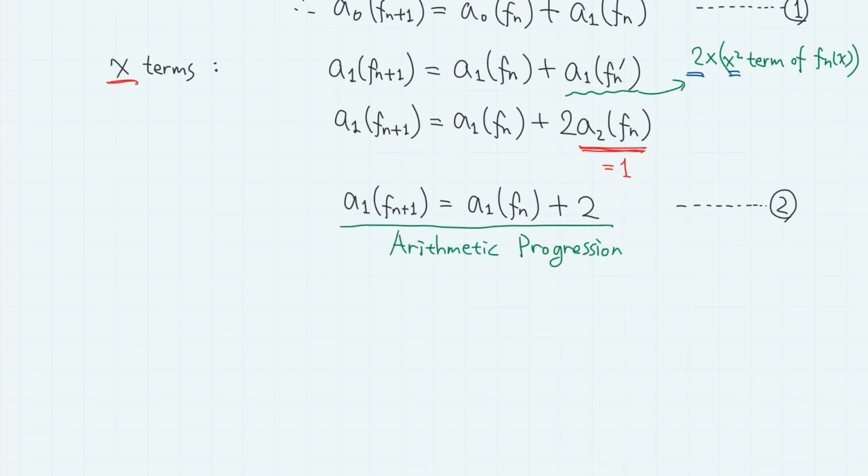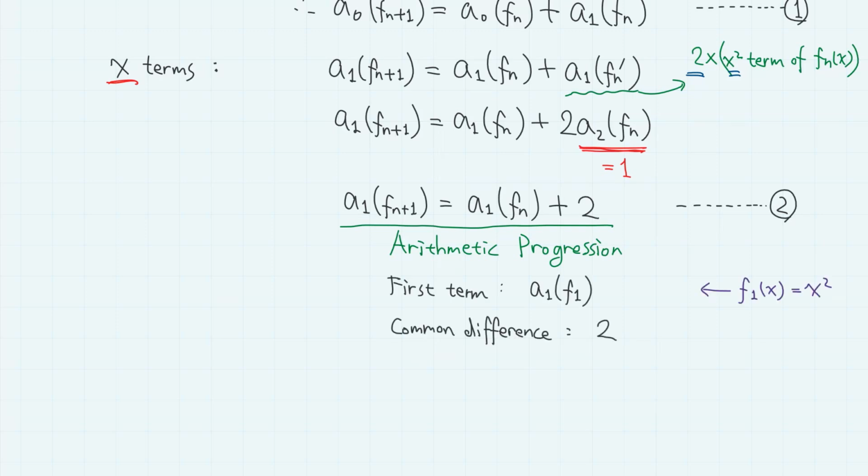This second relation is a recurrence relation of an arithmetic progression, which we can find its general term quite easily. Using the first term a_1 of f_1, the x term of f_1(x), which is 0, and the common difference 2, the general x term, which is a_1 of f_n, is first term 0 plus common difference 2 times n minus 1, which is 2n minus 2.